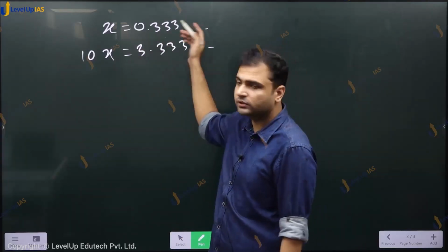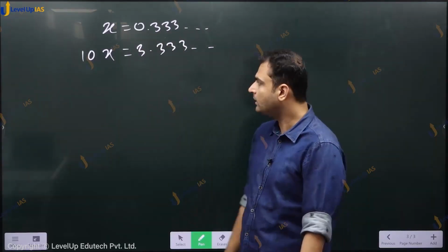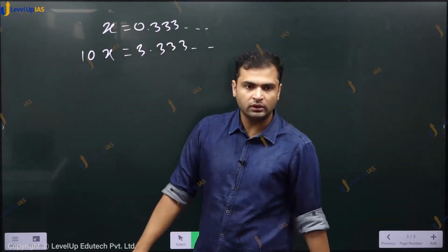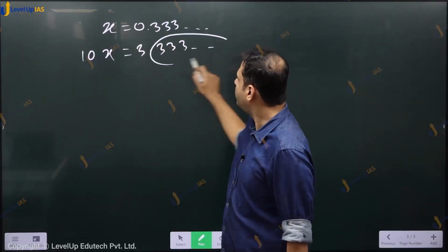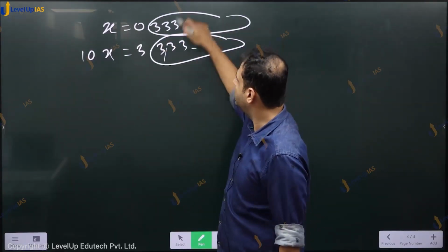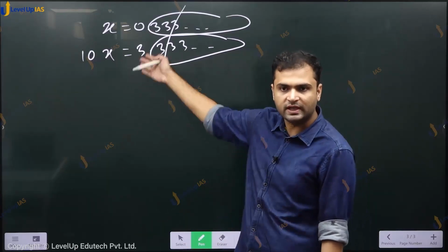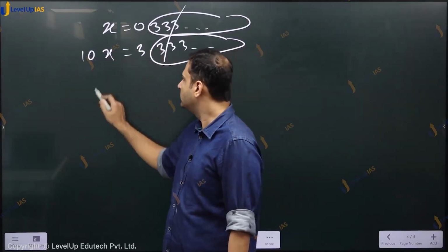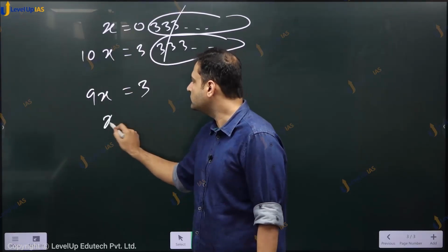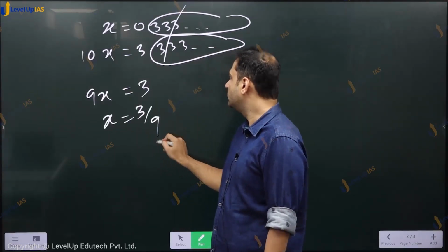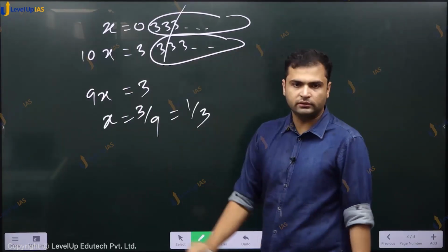Just one point shifts, the rest of the digits are the same. And when I subtract this number from this number, this entire part will get cancelled because it is the same. So I'll get 10x minus x, which is 9x, equal to 3. So x is equal to 3 by 9 or 1 by 3.